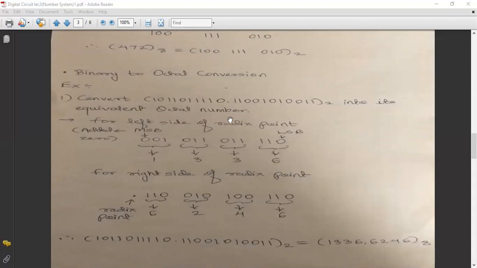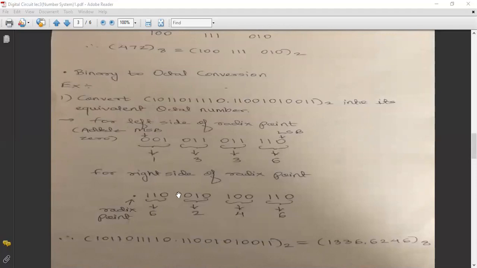Now similarly we are going to proceed for the right hand side, but in the right hand side we are going to proceed from the MSB, because we know that to the right side the digits begin from the one closest to the point. So we are going to group it again in 3 bits.